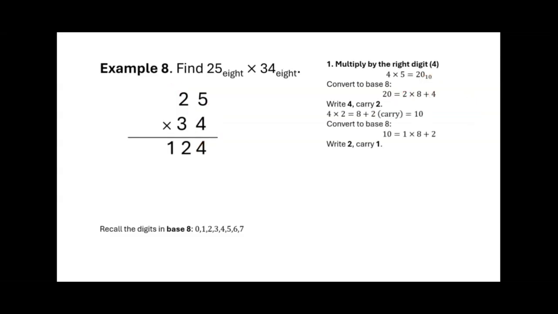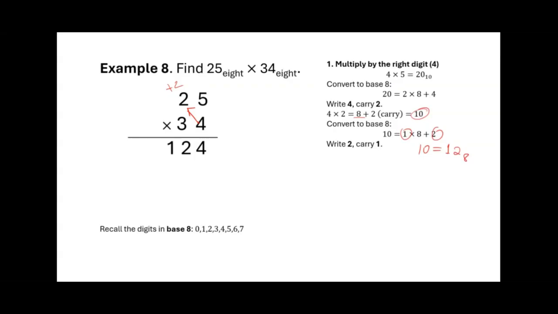In my next step, I multiply 4 times 2, which is 8, plus the 2 that I carry, so that's 10. Then I have to convert 10 into base 8. 10 in base 8 is 1, 2, because 8 fits once and there's a remainder of 2.